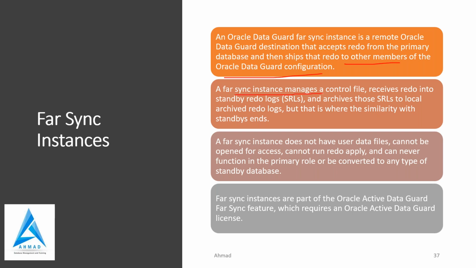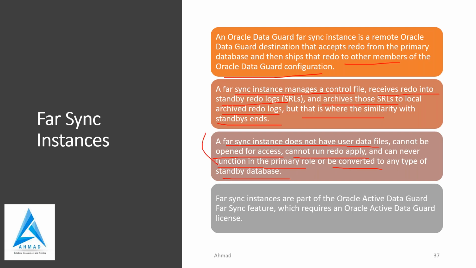So far sync manages a control file, receives redo into standby redo logs, and archives those standby redo logs to local archived redo logs. But that is where the similarity with a standby ends. A far sync instance does not have user data files, cannot be opened for access, cannot run redo apply, and can never function in the primary role or be converted to any type of standby database.